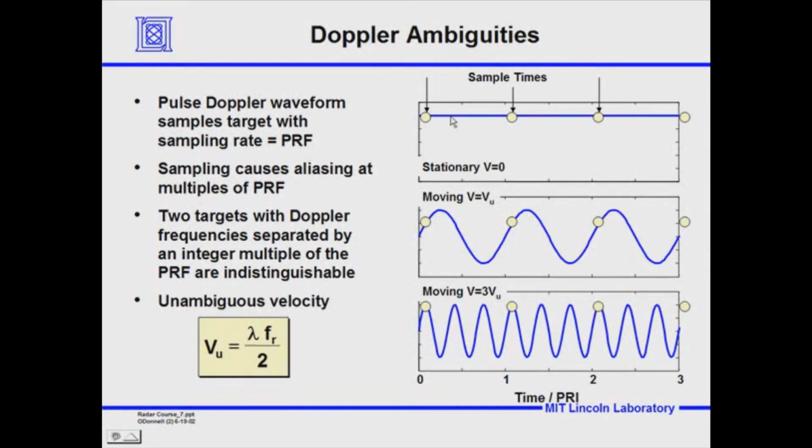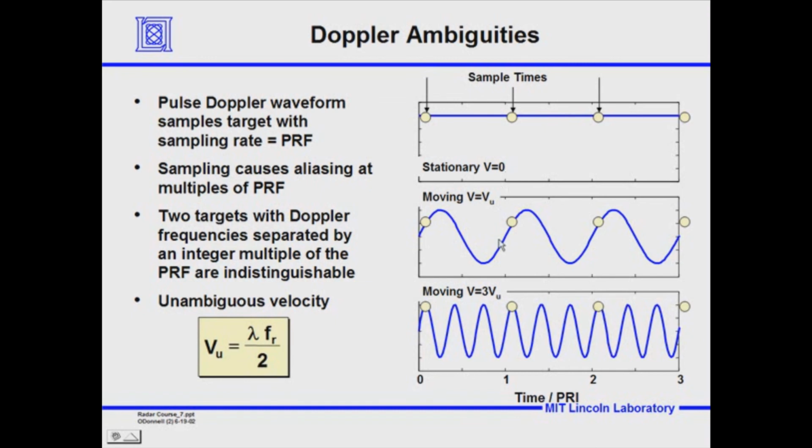Now, if the target had no radial velocity, we sampled it, we get a constant return. And that says, gee, the target isn't moving. We can't measure any Doppler frequency from this. It appears to have zero frequency, or zero velocity.